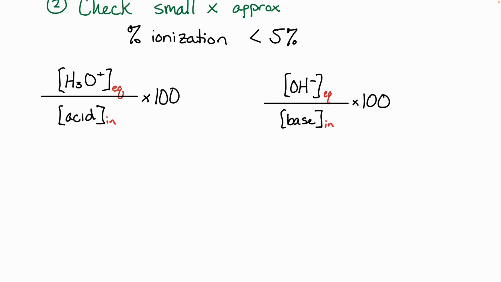Okay, so in order to check my small x approximation here, I'm going to take that value that we got for x, our concentration of hydronium, and I'm going to divide it by that initial concentration of my acetic acid, multiply it by 100, and that number better be less than 5.